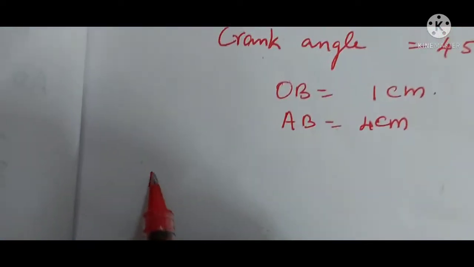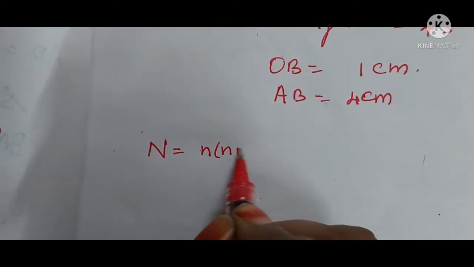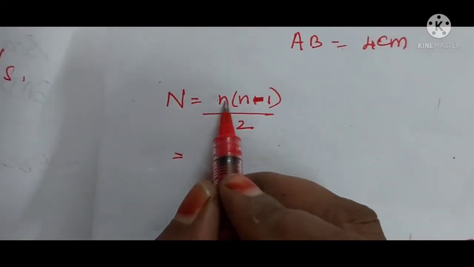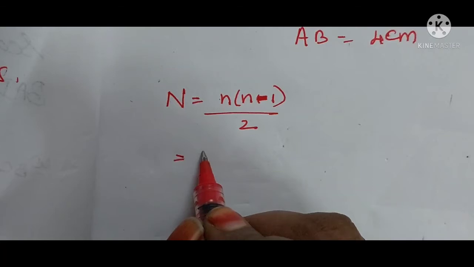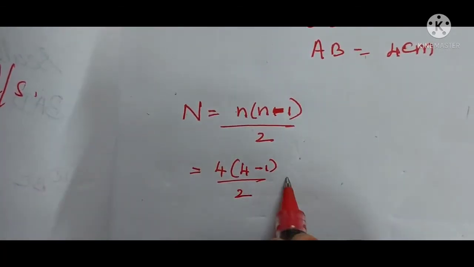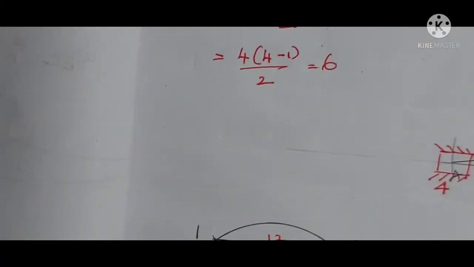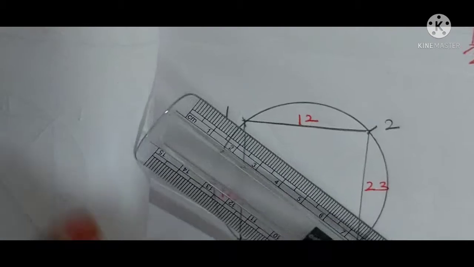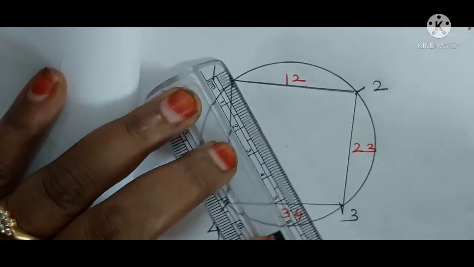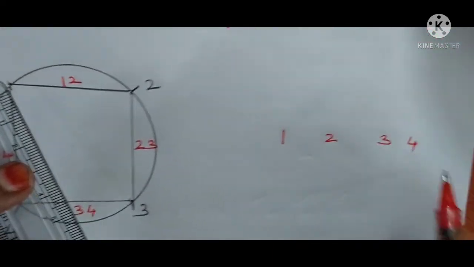Now the number of instantaneous centers N equals n into n minus 1 by 2, where small n is the number of links, which is 4 here. So 4 into 4 minus 1 by 2, you will get finally 6. Already 4 are found. Now, in the same way, you can use the tabular method with 1, 2, 3, 4.